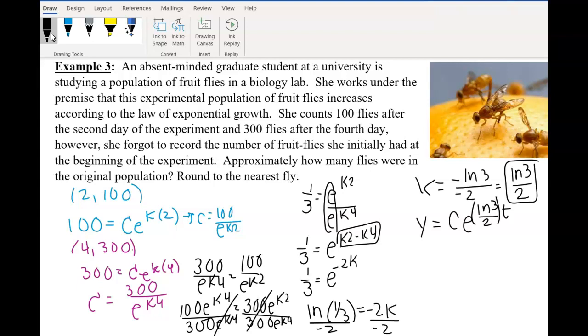So in order to do this, we have y equals C e to the ln 3 over 2. We plug 0 in for t, but I need a C. And either C, either purple or blue, will work. Does that make sense?